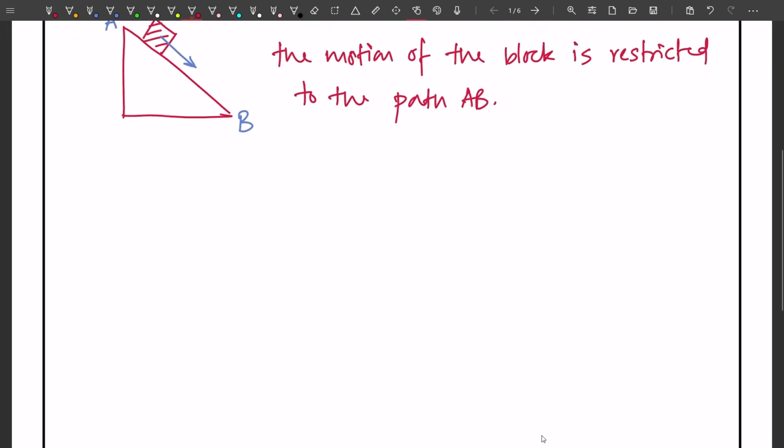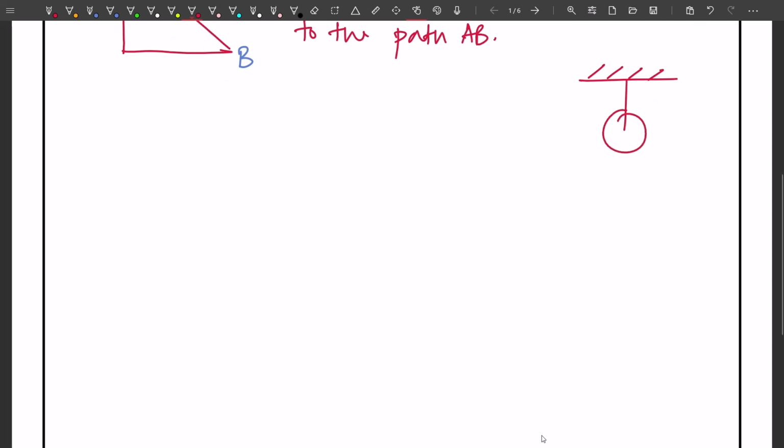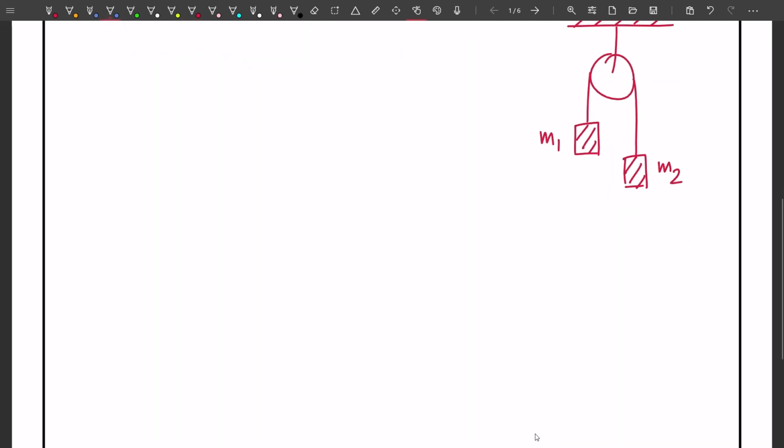So let's take the final example. Let's say I have a single fixed pulley with two masses suspended on either side, masses M1 and M2. Now if I pull down the mass M1 by some distance, then the mass M2 will move up, and if I pull down the mass M2, then mass M1 will move up.